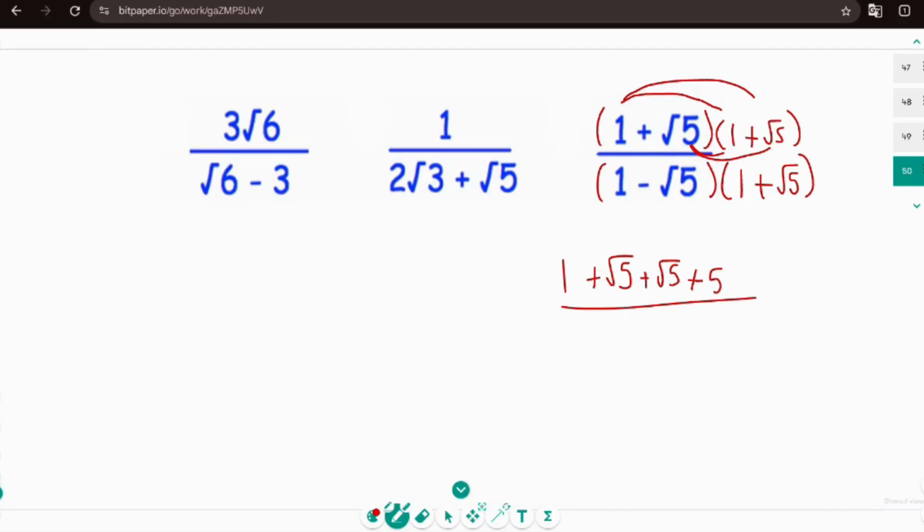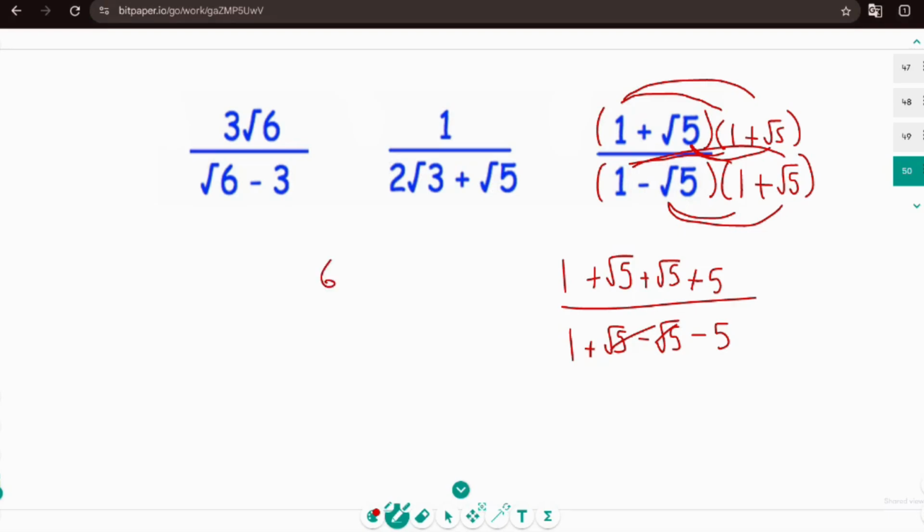Denominator, 1 times 1, 1. 1 times root 5, root 5. Negative root 5 times 1, negative root 5. Negative root 5 times positive root 5. Negative times positive is negative, and root 5 times root 5 is 5. These cancel out.